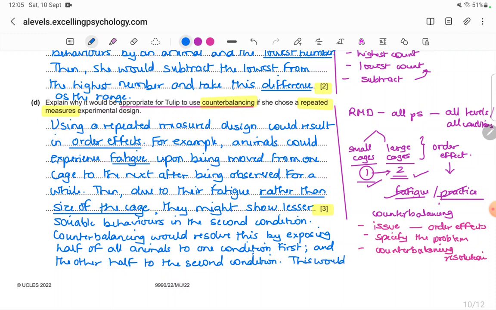This would help the researcher see any order effects.